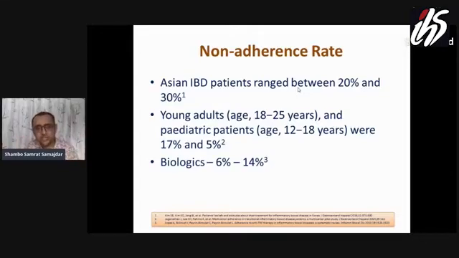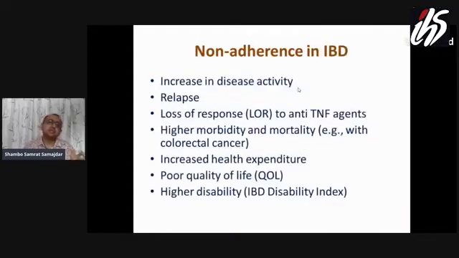For biologic therapy, specifically anti-TNF alpha therapy, the non-adherence rate is between 6% and 14%. So the persons who require biologics have a better adherence rate. But again, this is very much dependent on the context of the patient, the availability of the drugs, and financial issues. So it is important to note the other factors also.